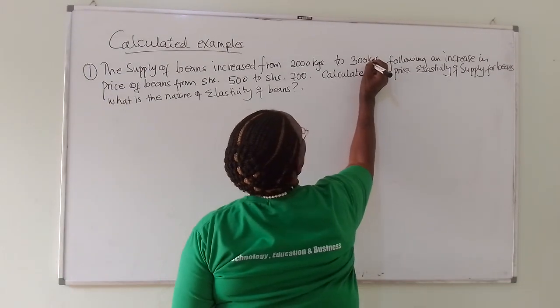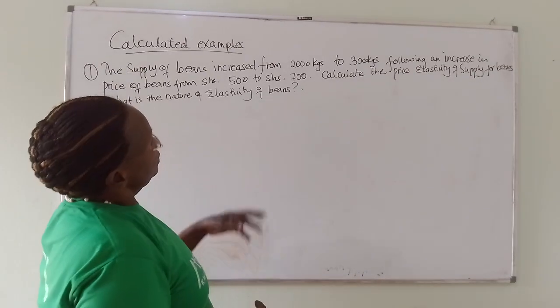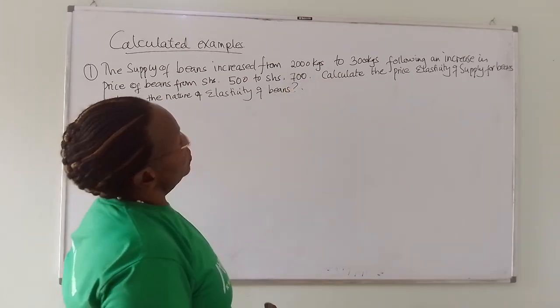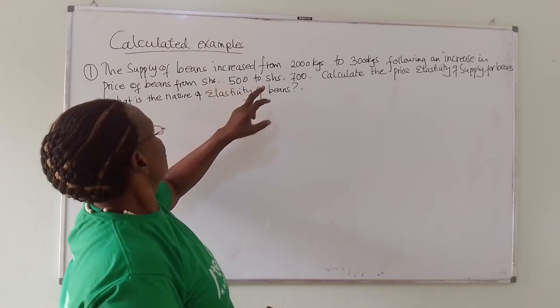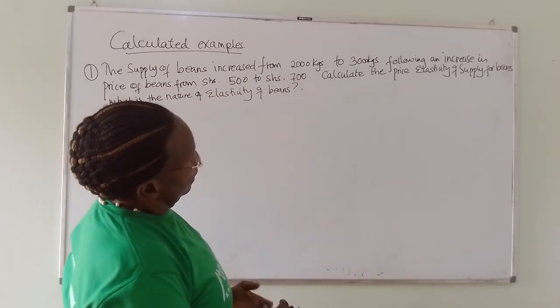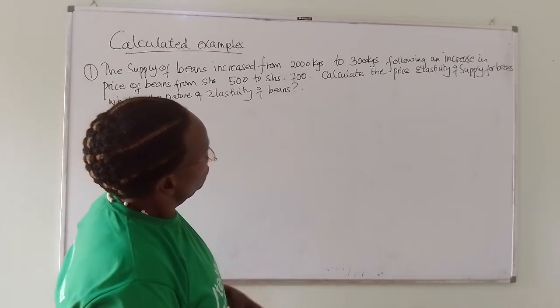So there was an increase. Originally you had 2,000, now it has increased to 3,000 kilograms. Why? Because there was an increase in the price of beans from 500 shillings to 700 shillings. And you are required to calculate the price elasticity of supply for beans.